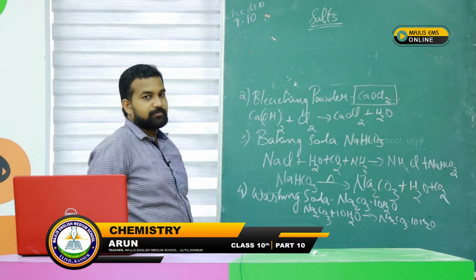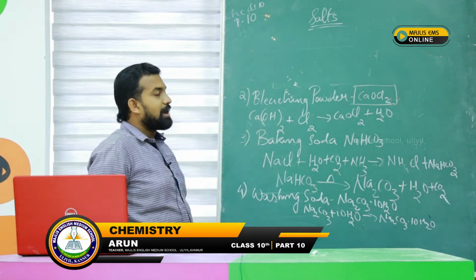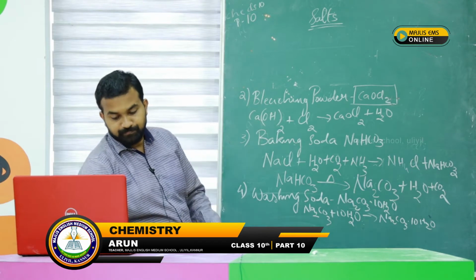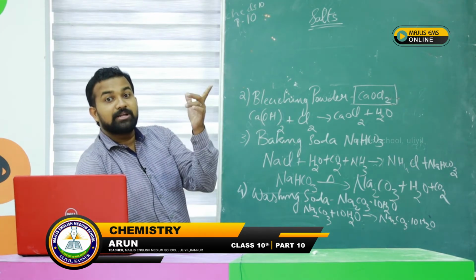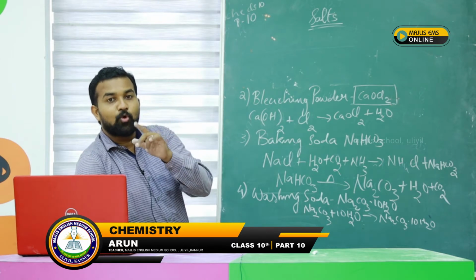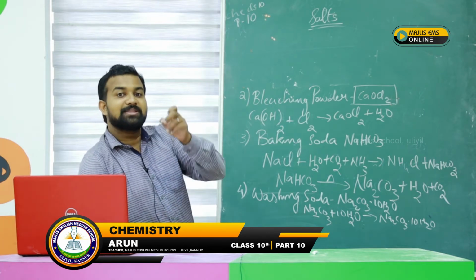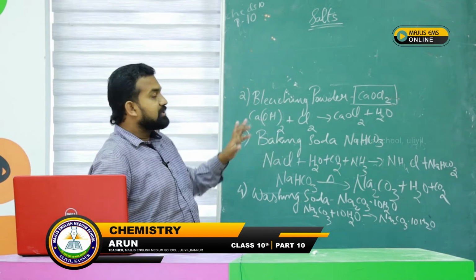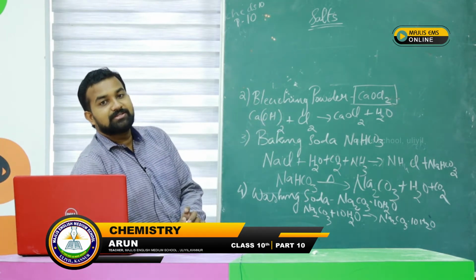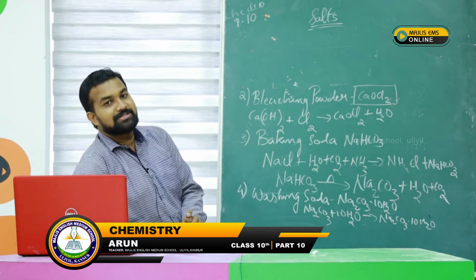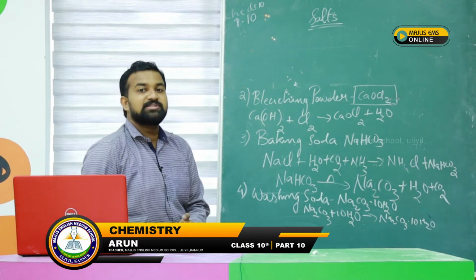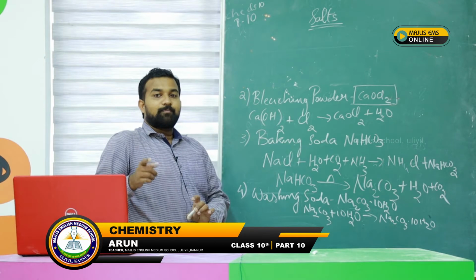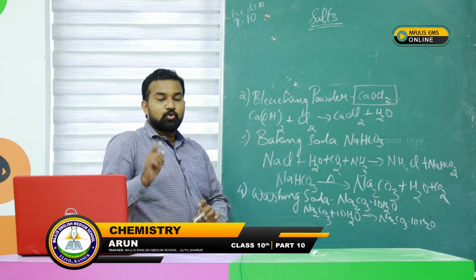How is it produced? Into calcium hydroxide, slaked lime, we pass the chlorine gas, the product of the chlor-alkali process, which is produced in the production of sodium hydroxide.